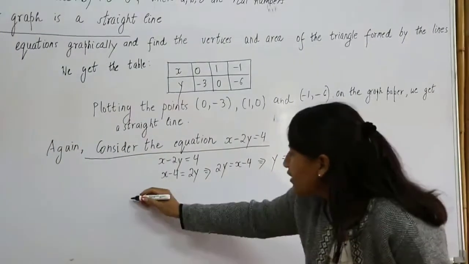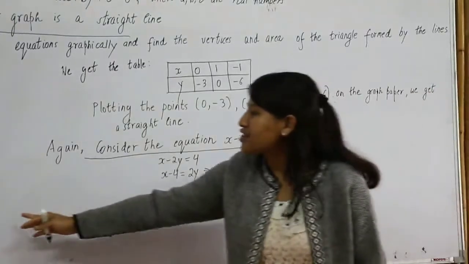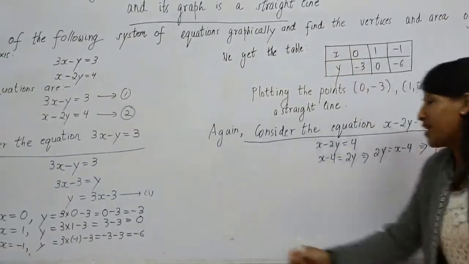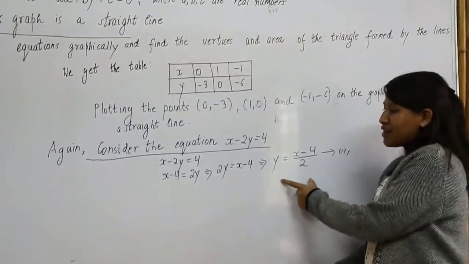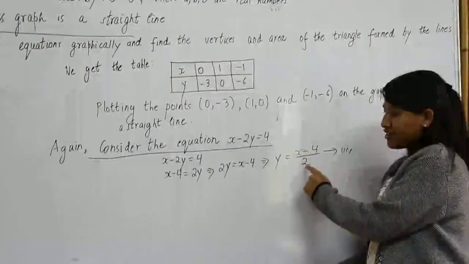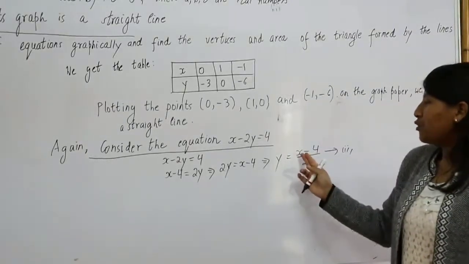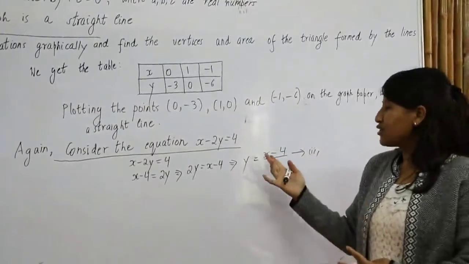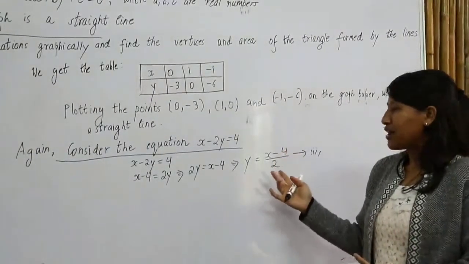Now this part is quite easier. You can choose any value and you'll get an integer, but in this case you have to be very careful, because look, there's a fraction here, there's a 2. Say if you pick 0, because I told you x, you can pick any number. If you put 0, 0 minus 4 is minus 4, divided by 2 you get minus 2.